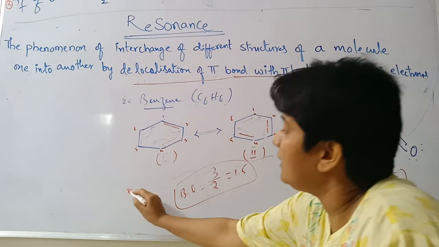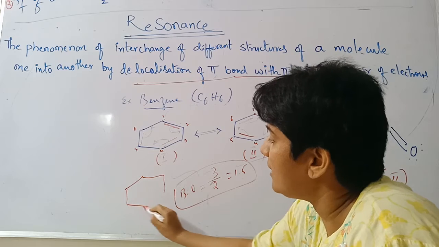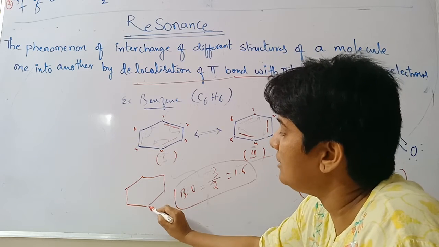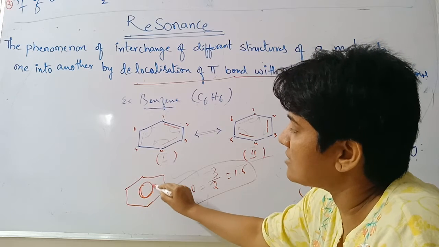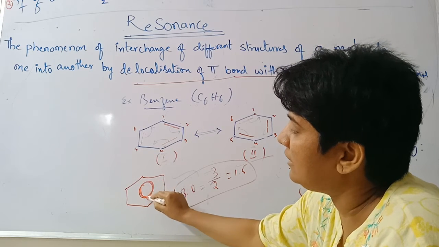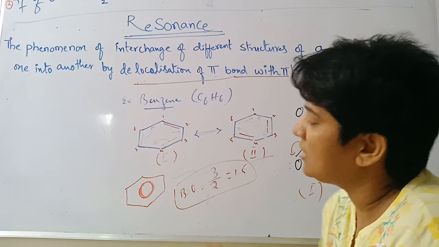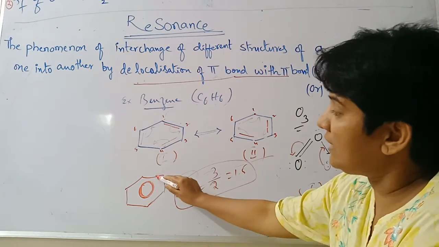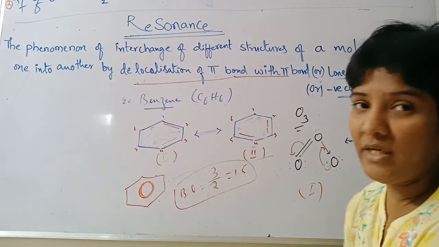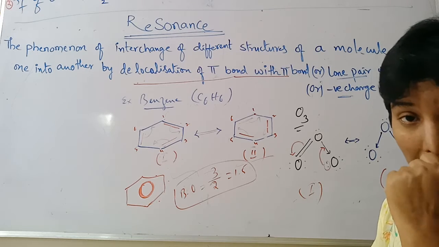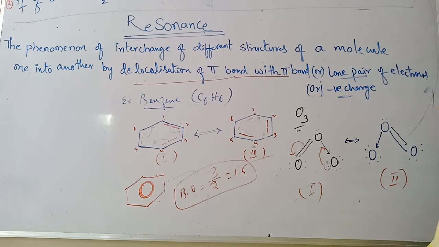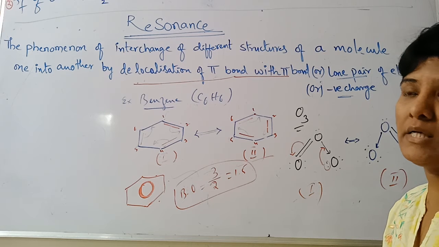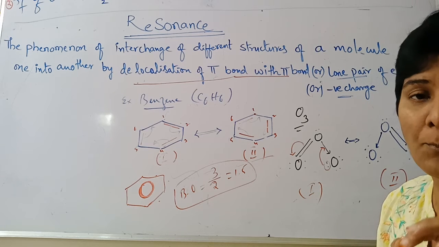So collectively we can write that benzene has a hybrid structure where the 6 pi electrons, means 3 pi bonds, are continuously changing their position. So every carbon bond is no more double, no more single. It is having 1.5 bond. So by the resonance phenomenon, one can calculate the exact bond order.